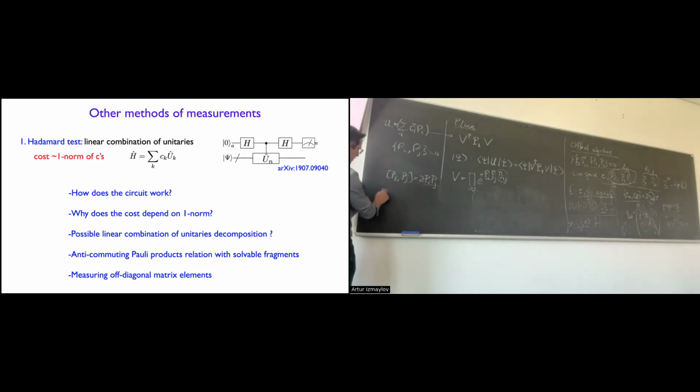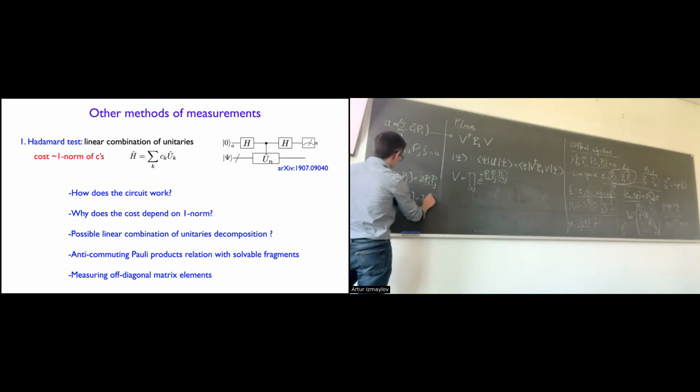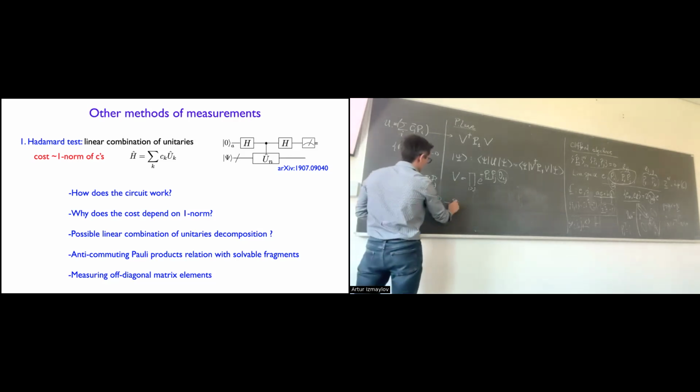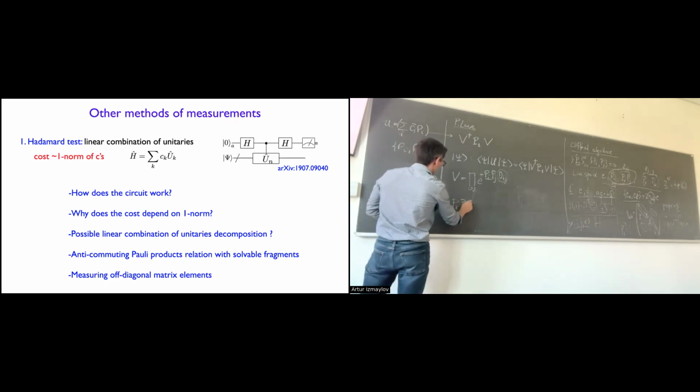Let's say we take the commutator of Pi Pj with Pk. This is just Pi Pj Pk minus Pk Pi Pj.